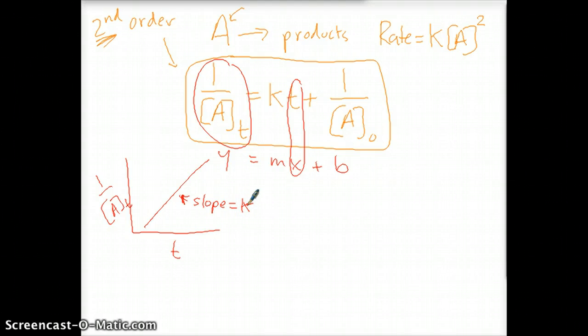So again, what you need to know is that for a second order reaction, this is the integrated rate law. If you plot 1 over the concentration on the y-axis and time on the x-axis, you get a line with a positive slope.